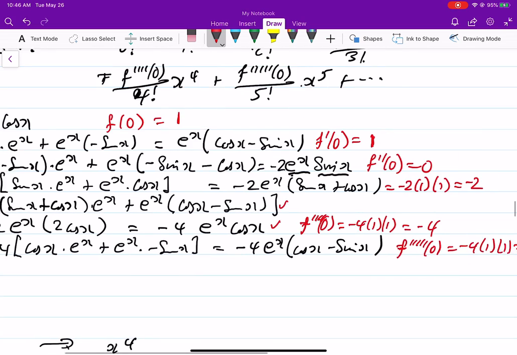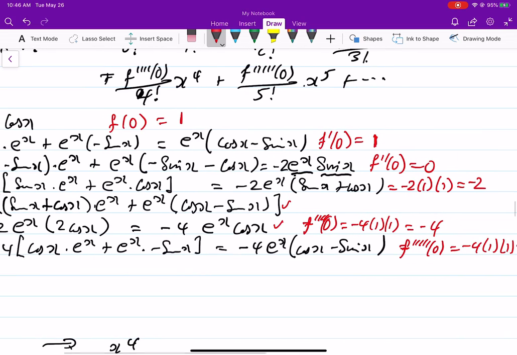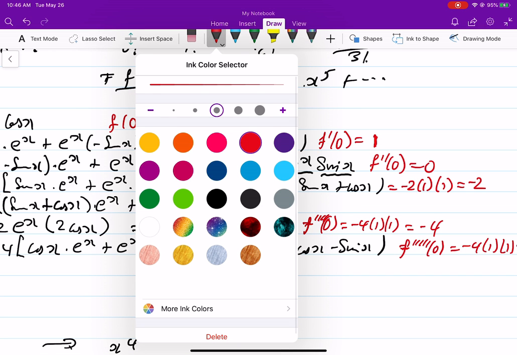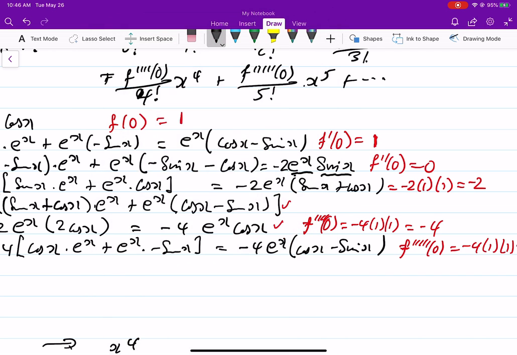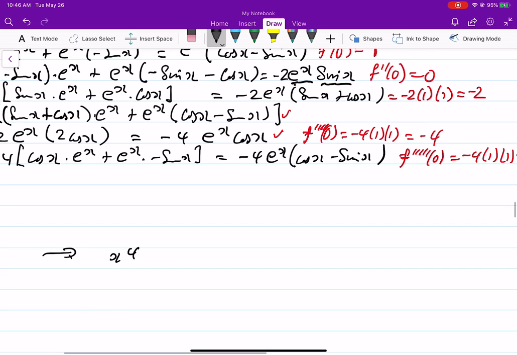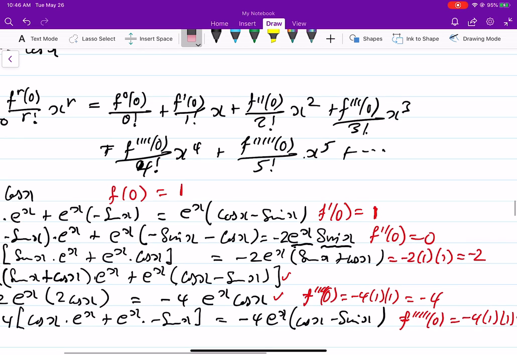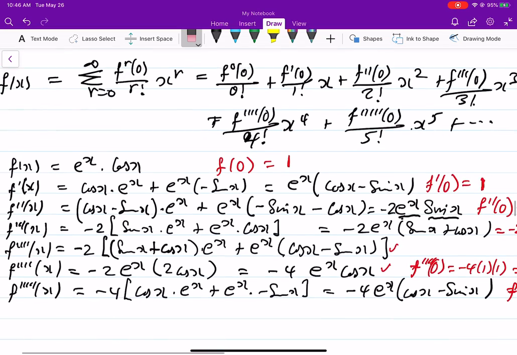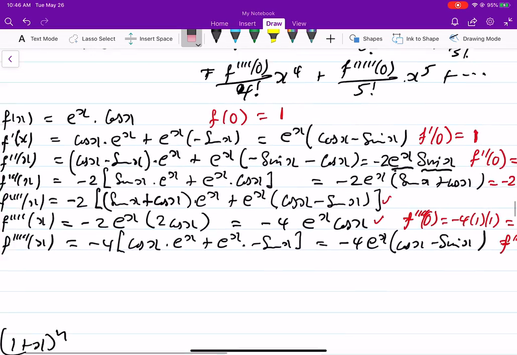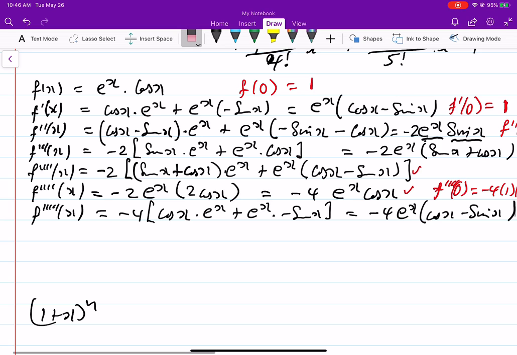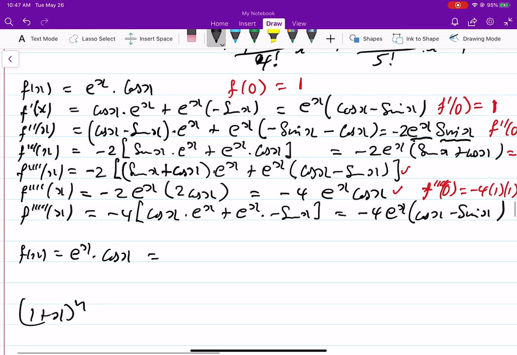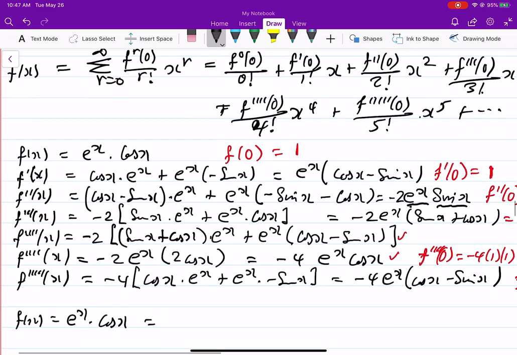Now I'm going to plug all those numbers into the expansion. I'm noted for making silly errors, but let's see. F of x, e to the x cos x, is equal to, let's start from the beginning.